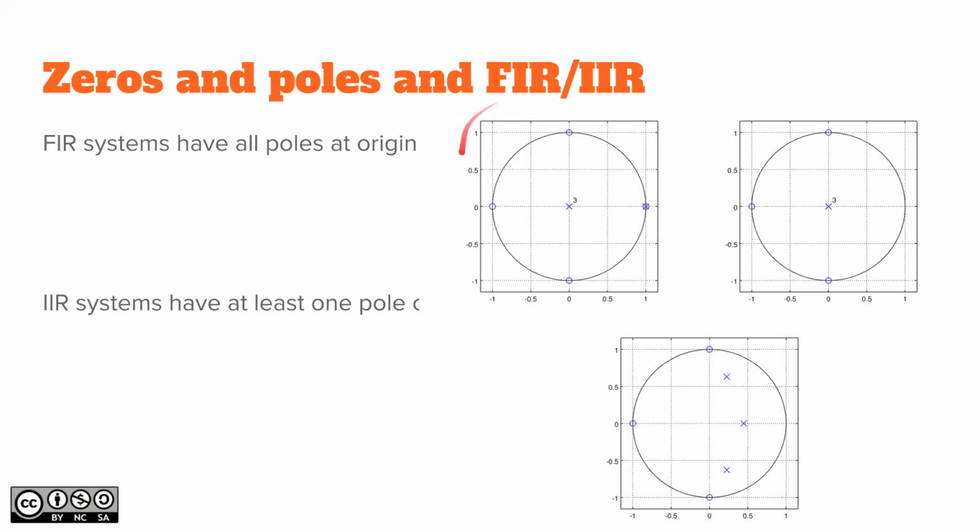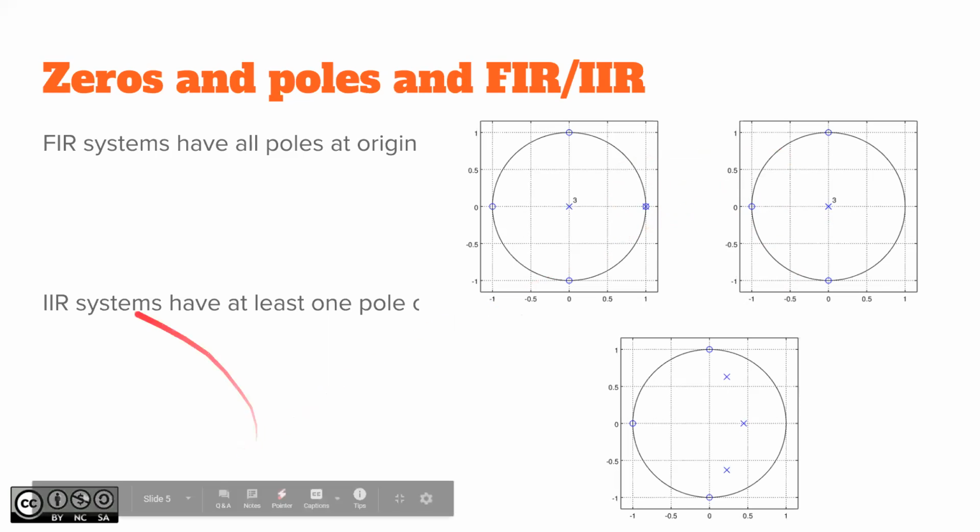So this would be the recursively calculated 4-point running average filter, and this is the normal running average filter, which, well, it's the same system. So of course, both of these are FIR systems.